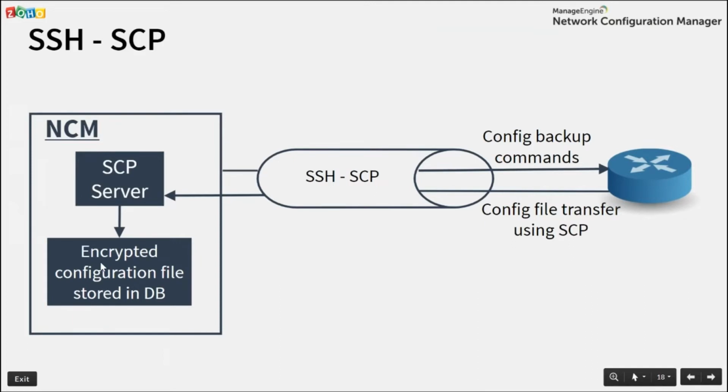Using the SSH SCP protocol, the configuration backup commands are sent through the SSH SCP communication channel, and the device responds by sending the configuration file transfer using SCP through the same channel to the SCP server, which is then encrypted and stored in the database.